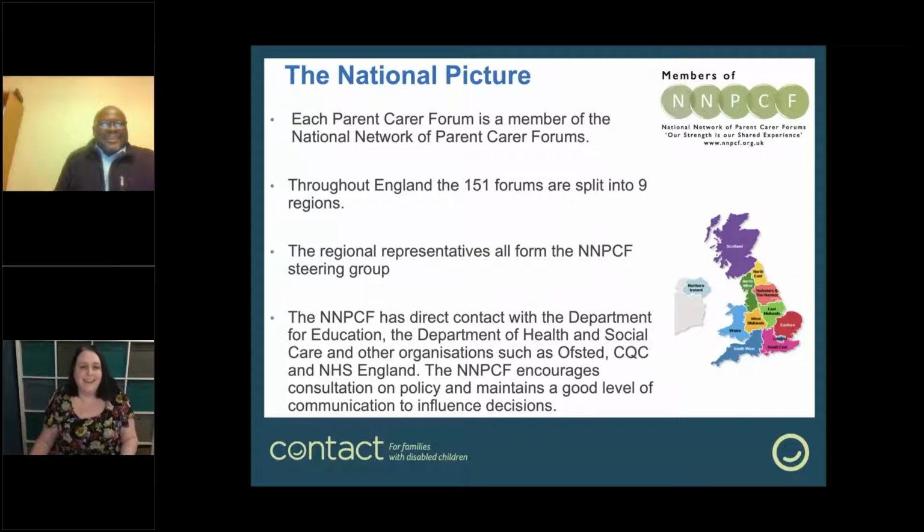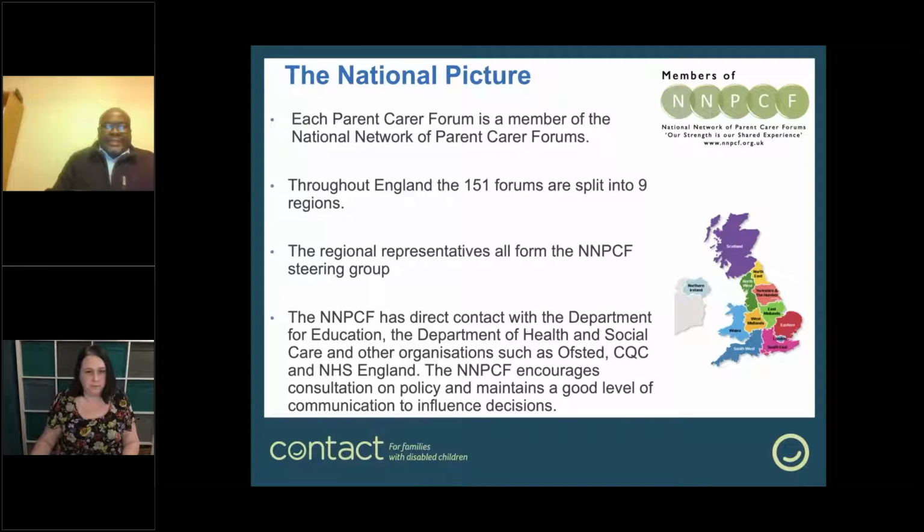But there's so many things that you learn just by being in the forums. Individual forums will feed into the regional forum, and then the regional forum into the national forum. So you have all these speaking as one voice, one individual voice coming through in all this. Your voice is essential.